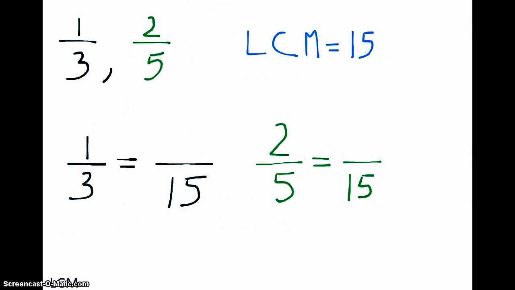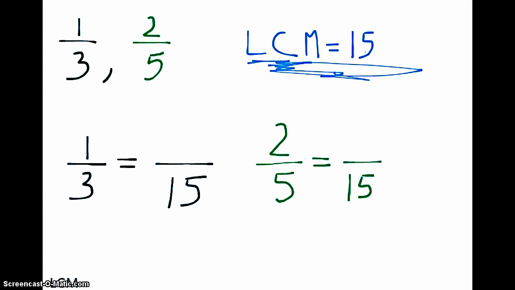So if our denominators are 3 and 5, we already know that our LCM is 15. So this is what I could do. I could find fractions that are equivalent to 1/3 and 2/5 using my least common multiple. This will serve us well when we learn to add and subtract fractions.